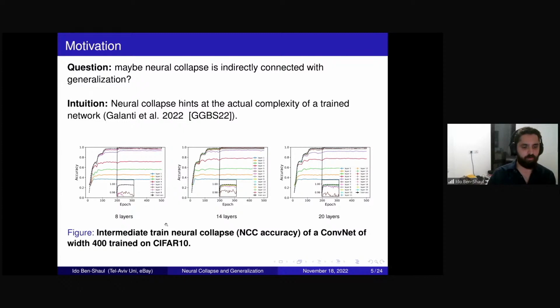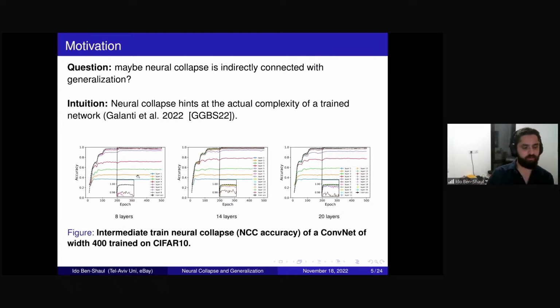Here we have networks that are trained on CIFAR10 with a convolutional neural network and a constant channel size of 400. Each one of these lines represents the amount of clustering in different intermediate layers. This is the first layer, the second layer, and so forth. We take varying depth and train the same network.